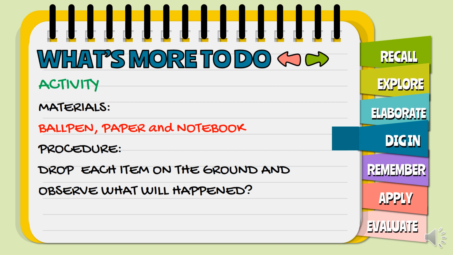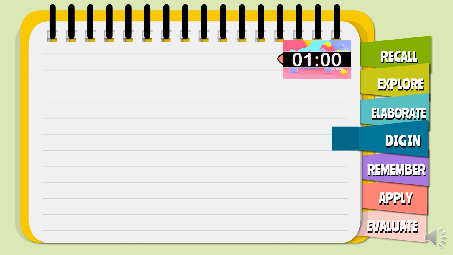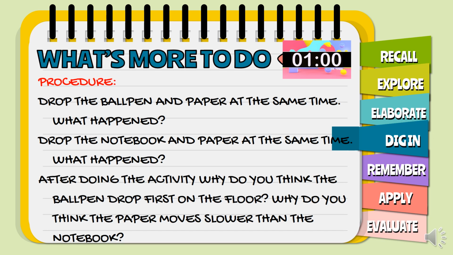Let's have an activity. Materials: ball pen, paper, and notebook. Procedure: drop each item on the ground and observe what will happen. Procedure: drop the ball pen and paper at the same time.